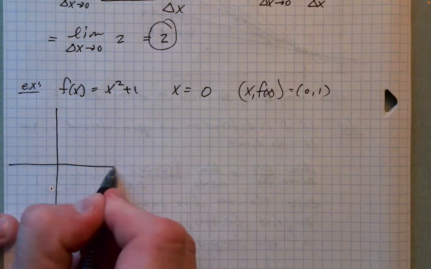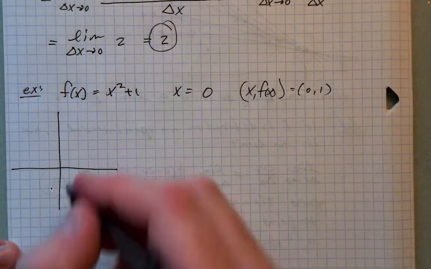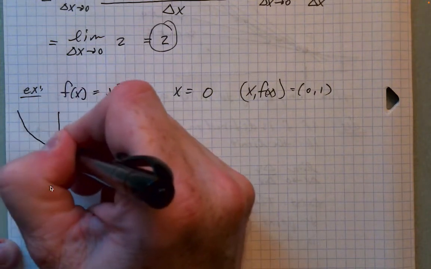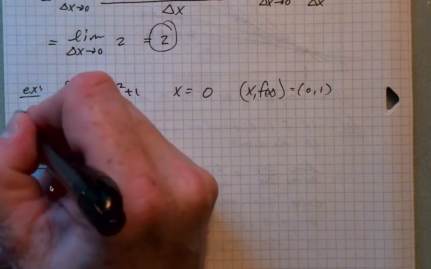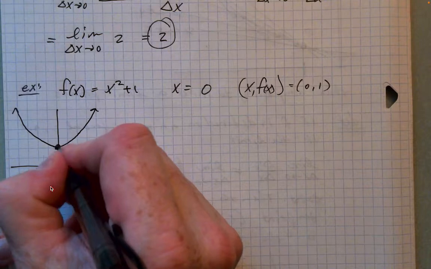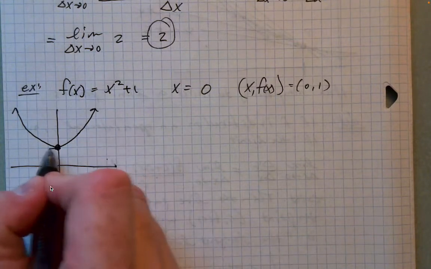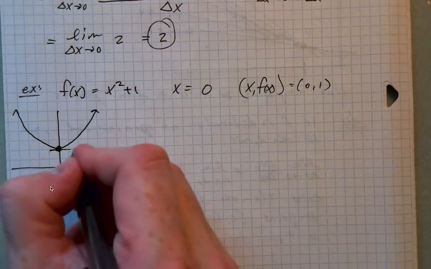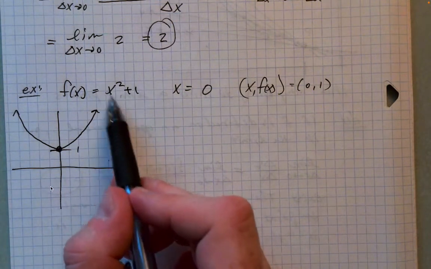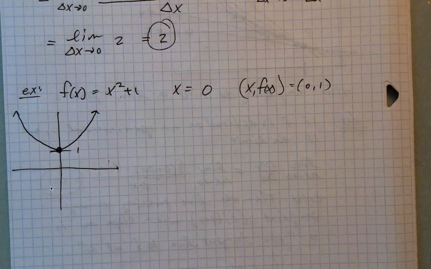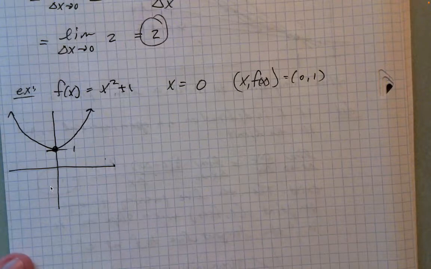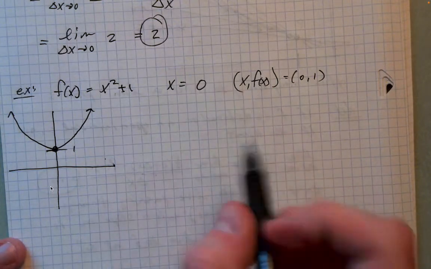Here's my xy coordinate. This is a function that is going to cross here like this. Not drawn particularly well, but it's going to cross through this point here, 0, 1 in particular. This is basically the x squared function shifted up 1 unit because of the plus 1 here.